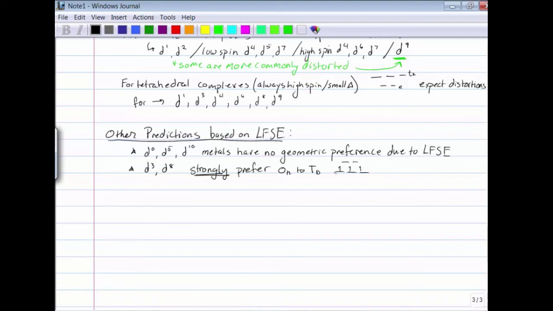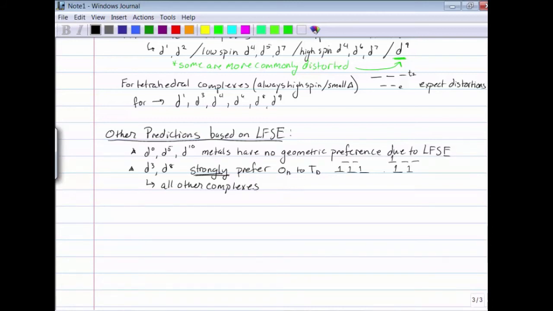If you look at d3, for example, the octahedral case compared to the tetrahedral case, the octahedron would have more electrons in the low energy orbitals, whereas the tetrahedral would have 1 in the higher energy set. So the more you can put down here, the better. In fact, all other complexes prefer octahedral to tetrahedral because the octahedral has a bigger delta and you have more orbitals that are lower in energy, so you can put more electrons down there and get a larger energy benefit.